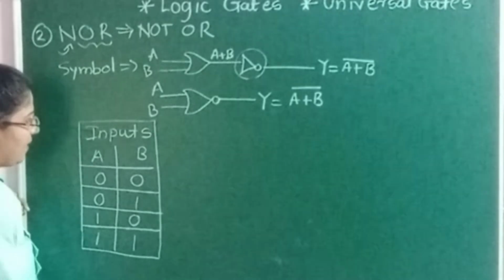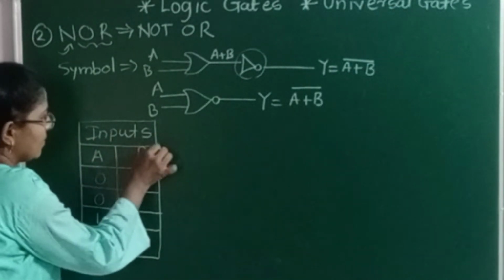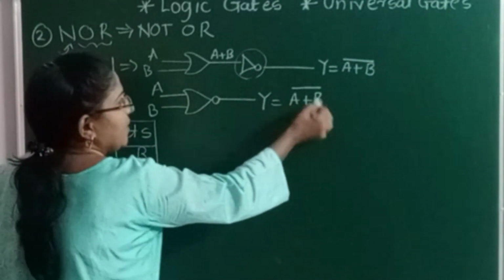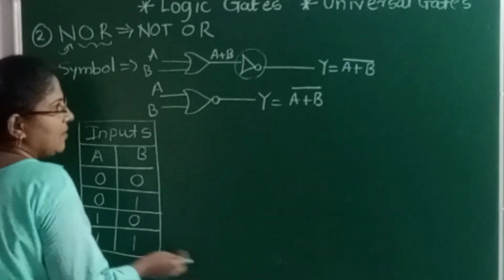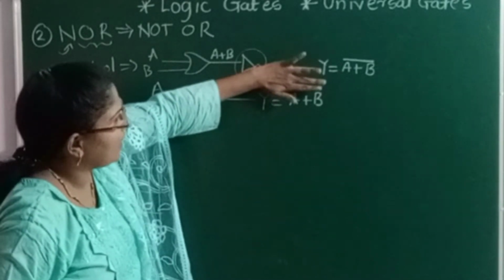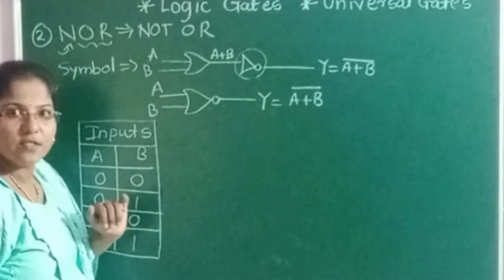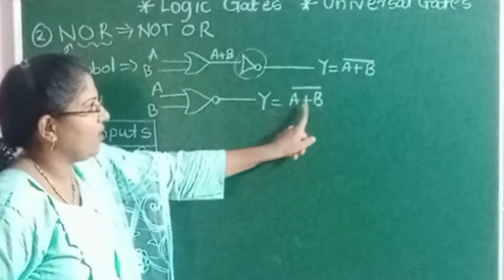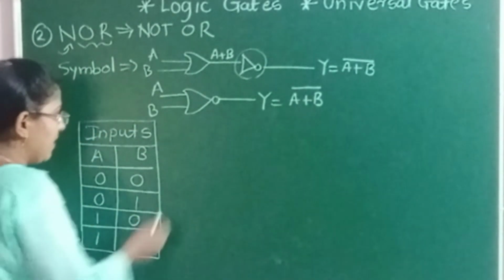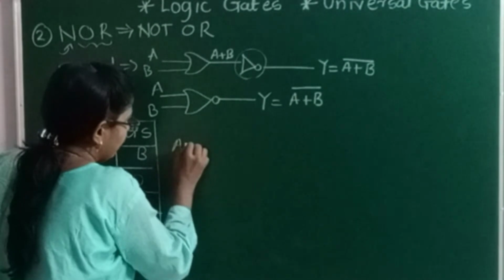Now what I have to find out? I have to find out A plus B whole bar, but just for some time try to hide this complement. So first what I have to do? I have to find out A or B, that is A plus B. So I try to find out A plus B here.